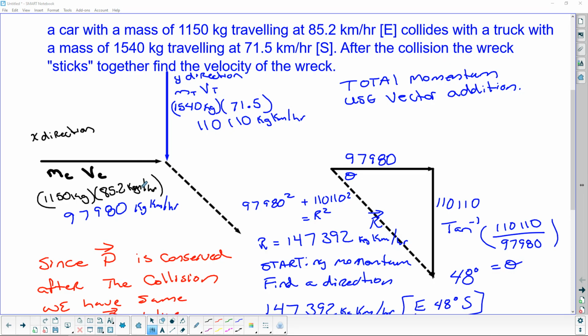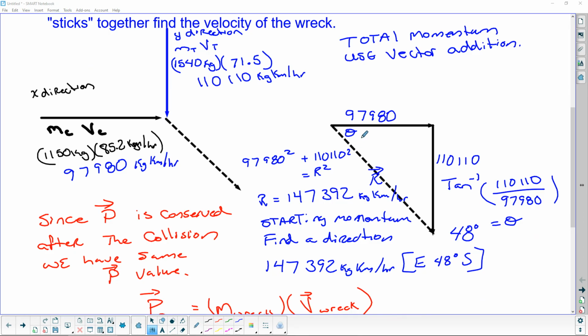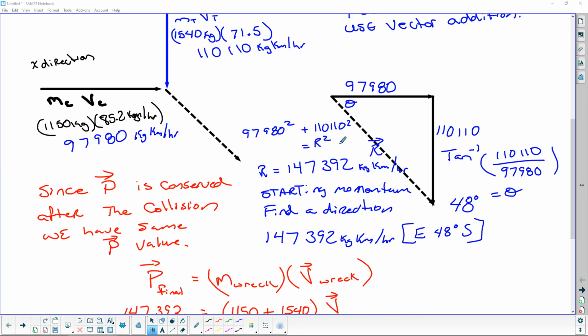Once we have the x and y direction, we combine them using right angles to get the magnitude of the vector that they add together, or as we used to call it, vectors, the resultant.